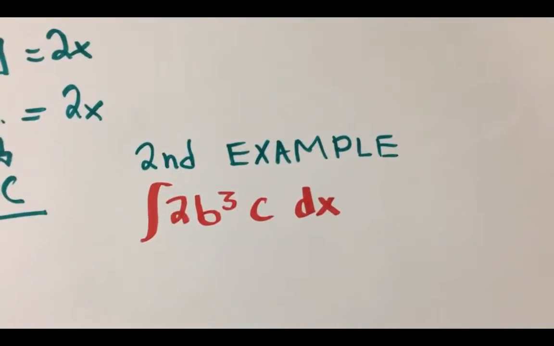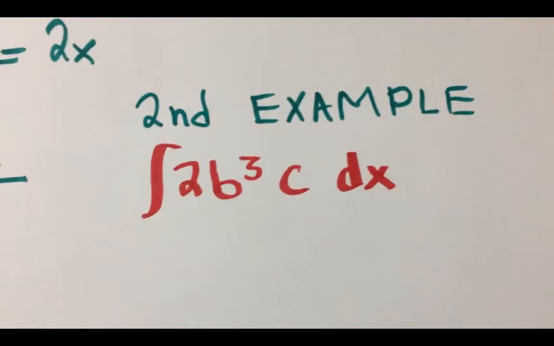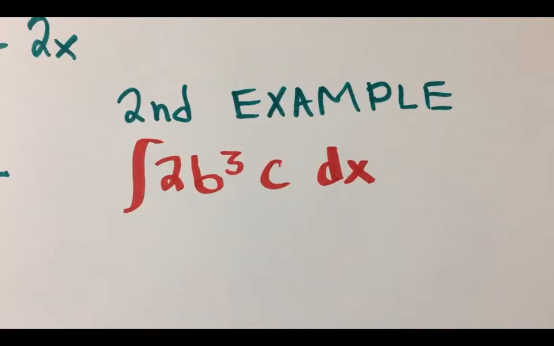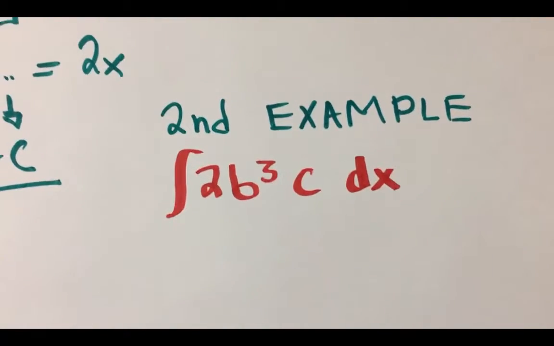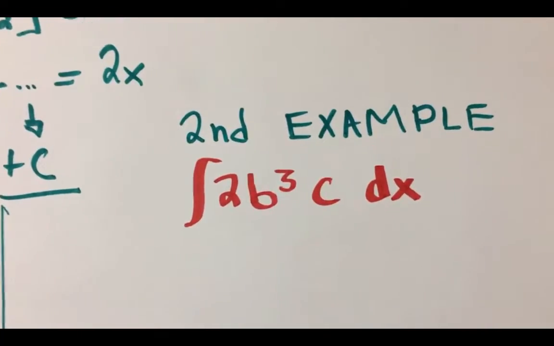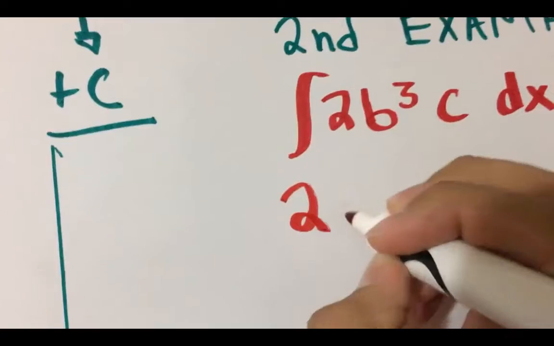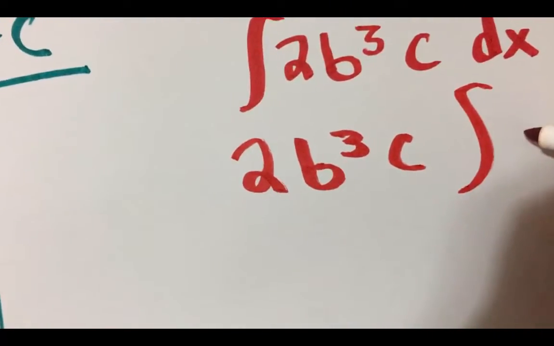So I'm going to show you guys one more example. It says the integral of 2b cubic c dx. Just as we did in the last example, we're going to move the 2b cubic c before the integral. So it'll be 2b cubic c times the integral of dx.